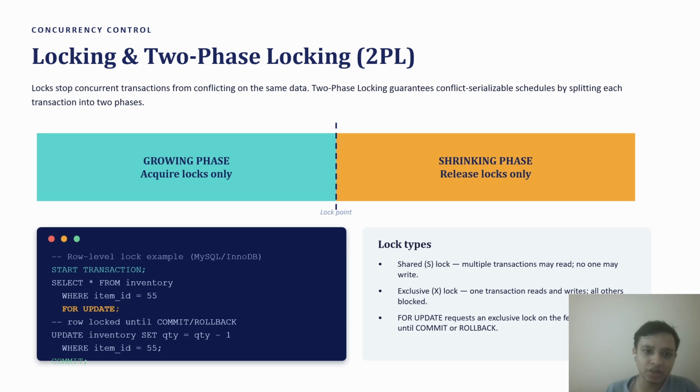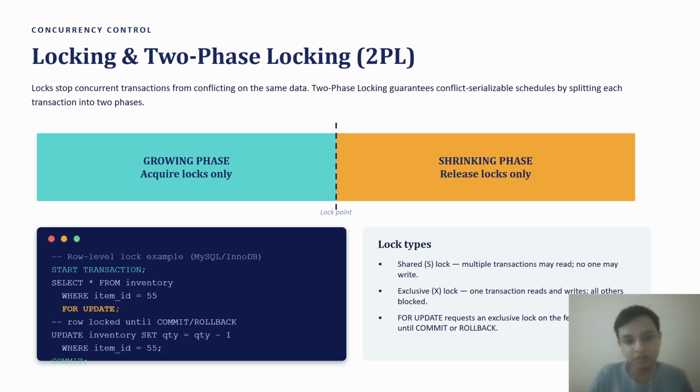So, locking and two-phase locking. When you put a lock on the transaction, it guarantees that nobody can write after the read, or nobody can read after the write.